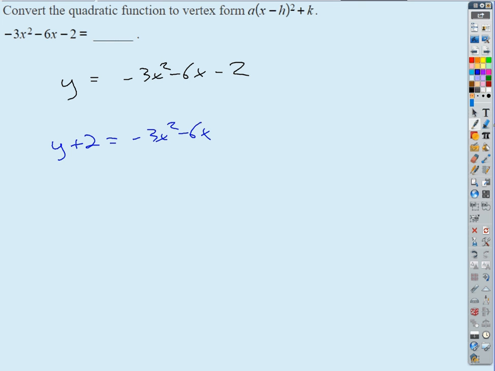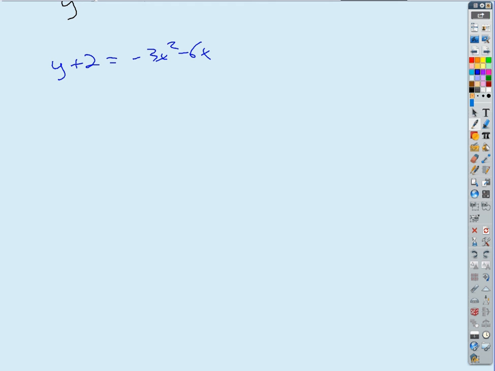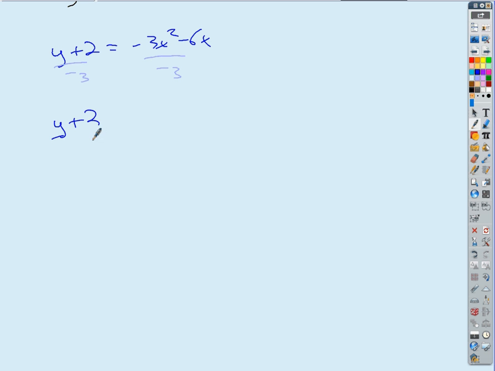Now what? We divide everything by -3. So I get that? Okay, good. And what I would have you do here is I would say, okay, what are we going to get down here?